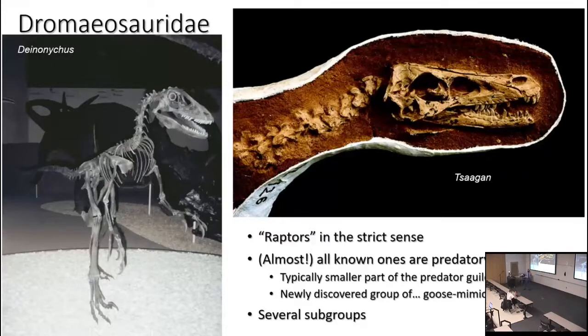They're never the top predators in their environment. In the predator guild, that is the assemblage of predators that live together in an environment, they're typically the mid or smaller sized predators. So think jackals and coyotes and things of that nature, not lions or bears or what have you, in terms of the ecological role.